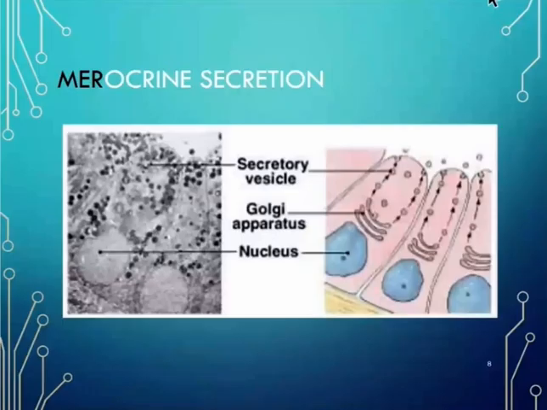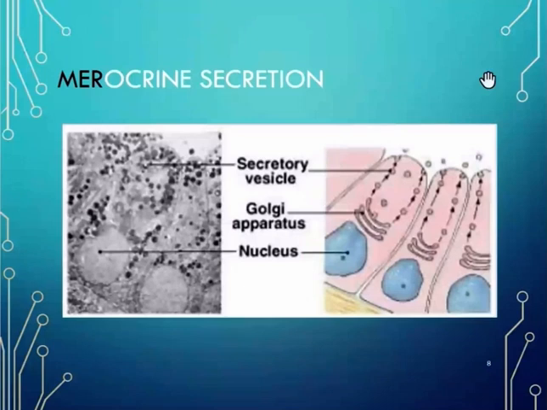Again, this is a scanning electron microscope. It shows how the peptides and the glycoproteins are synthesized in the Golgi apparatus, and then by signals from the nucleus, they are secreted by vesicles to the outside of the cell by merocrine pathway.